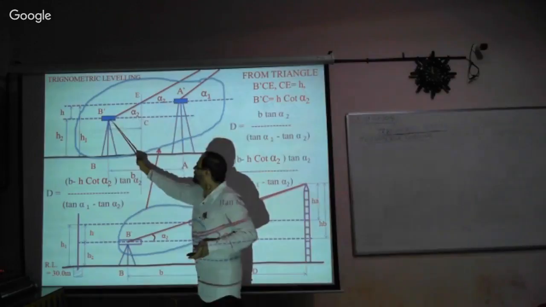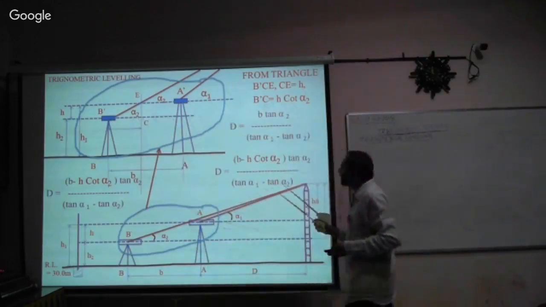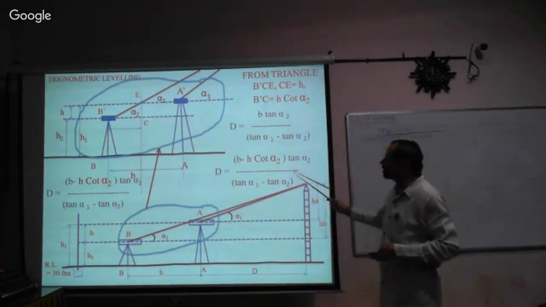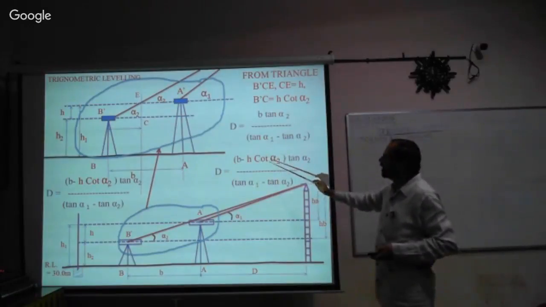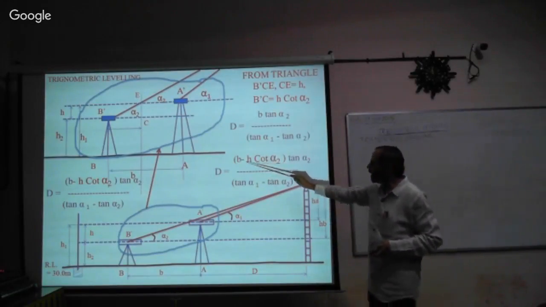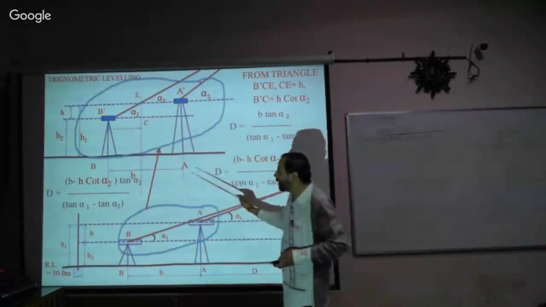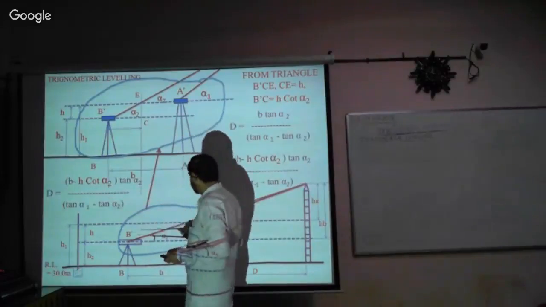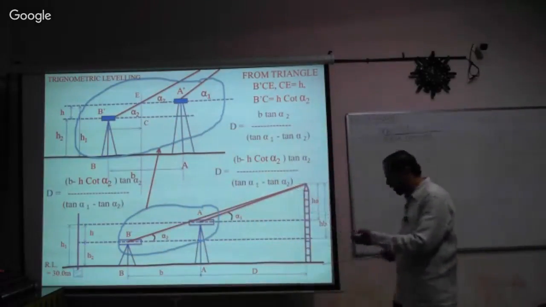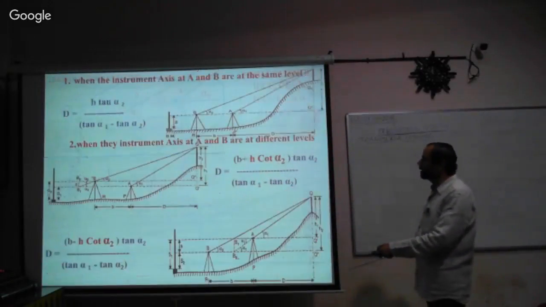Now this distance is S cot alpha 2, isn't it? Please note that in one case B is decreased by S cot alpha 2, and in another case it is increased.